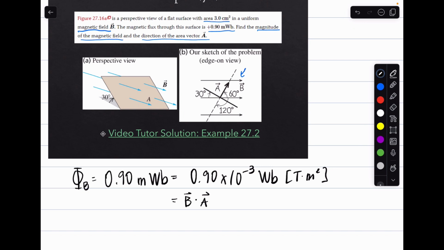I'm using this expression of the flux because we're told that B is uniform. If B was not uniform, I would need to use the integral version, but we don't need to do that. So 0.9 times 10 to the minus 3 is equal to B dot A. What do we know about A? We're told that the magnitude of A, the area, is 3 centimeters squared.